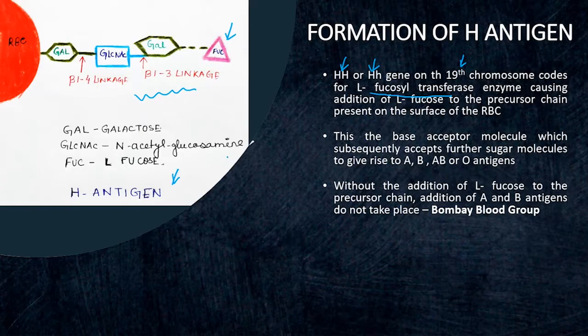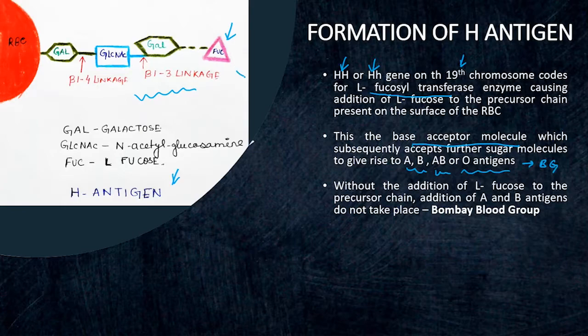Now this H antigen is the base acceptor molecule which subsequently accepts further sugar molecules, giving rise to the A, B and O antigens of the subsequent blood groups.